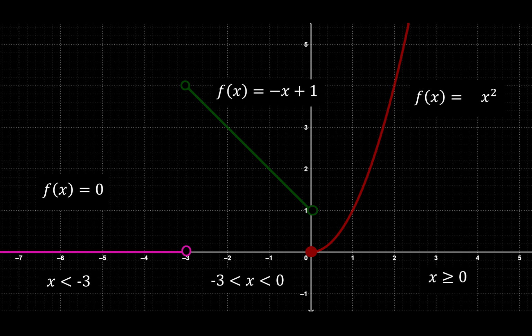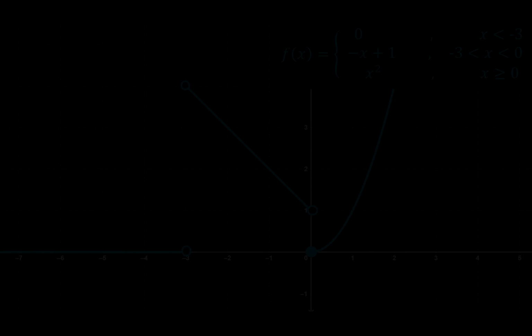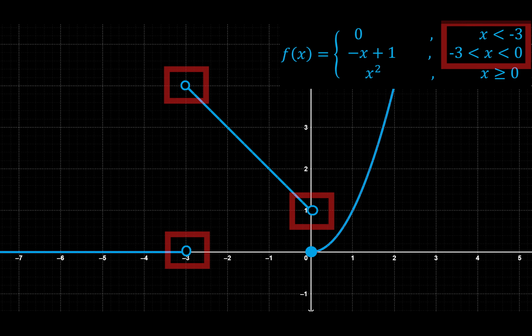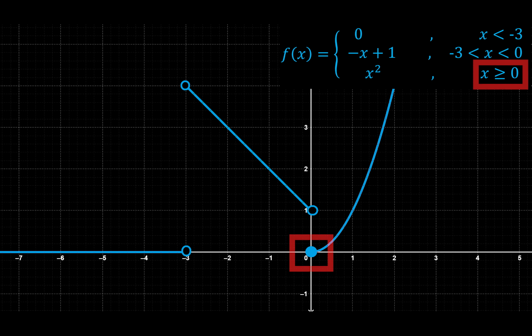And for values of x greater than or equal to 0, our graph follows the function x squared. If I combine all these together, I get the common notation for a piecewise function. Notice how these 3 inequalities do not have an equal sign, since they all have holes. While this one does have an equal sign, since it contains a solid circle.